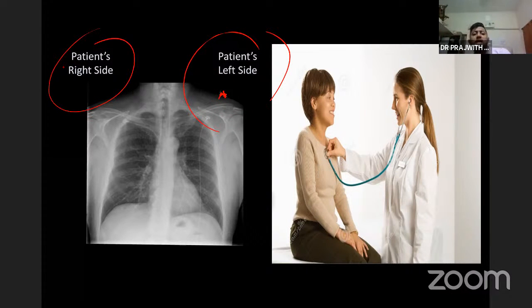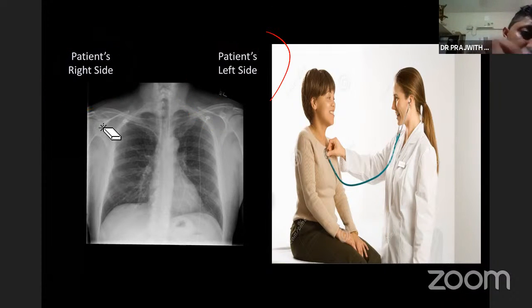But if in case there is a label which is telling that this is left, then we have to go with the labeling, because we don't know what the technician has done. So the main thing is we have to see which is right and which is left, and then only we decide what the condition is. Similarly, if there is no labeling, we know that this is right.